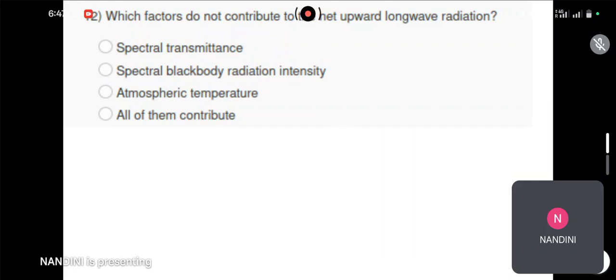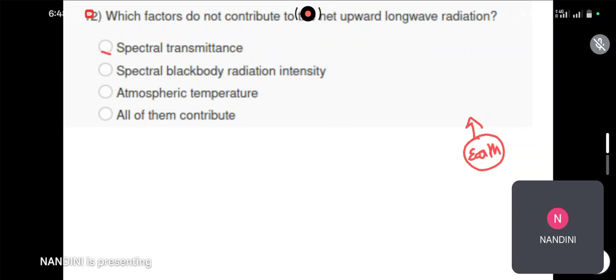Question: which factors do not contribute to the net upward long-wave radiation? Whatever the Earth is emitting, that is the upward long-wave radiation. So, which of these factors doesn't contribute to the net upward long-wave radiation? The spectral transmittance means how smoothly the radiation is being transmitted. So that matters for how much long-wave radiation is coming out of the atmosphere.